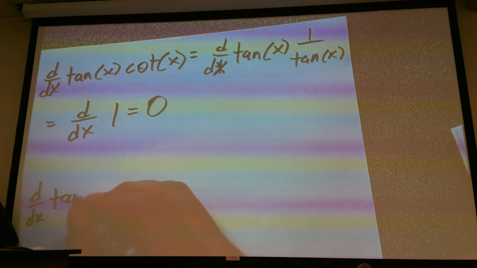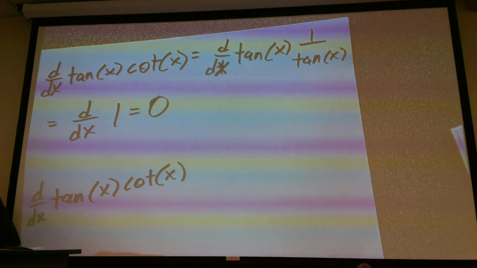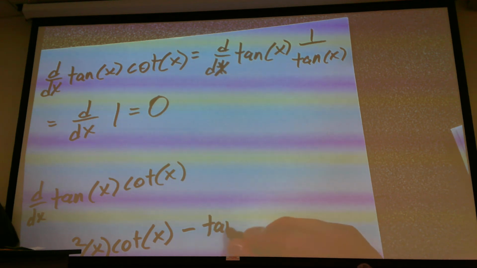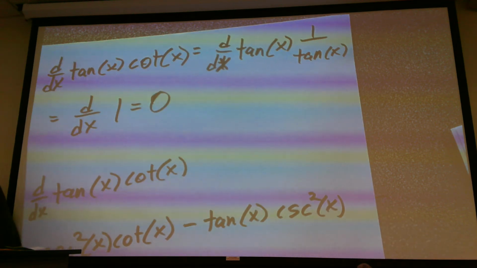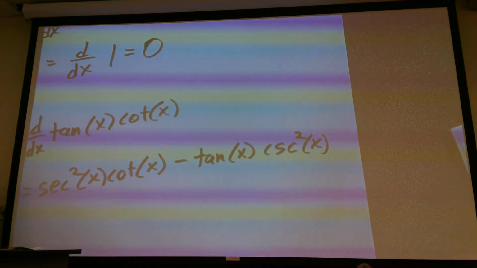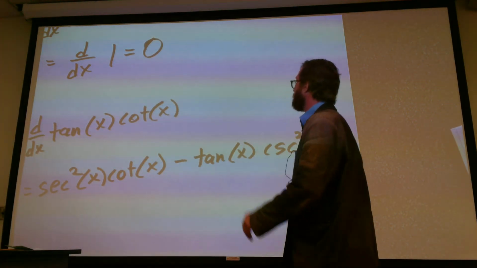If we did this the other way, for the tangent, it ends up canceling out.